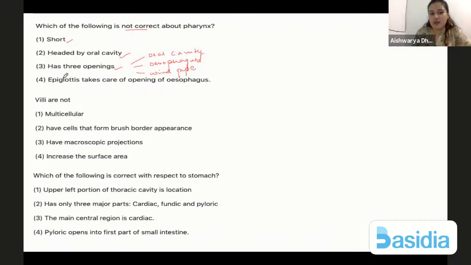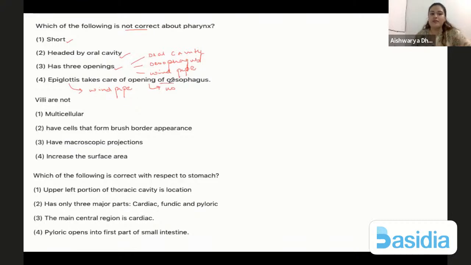So this is the incorrect one: epiglottis takes care of opening of esophagus. Like I told you, there is no closing on top of the esophagus. Epiglottis takes care of opening of the windpipe. There is no opening of esophagus. Esophagus is usually always open.